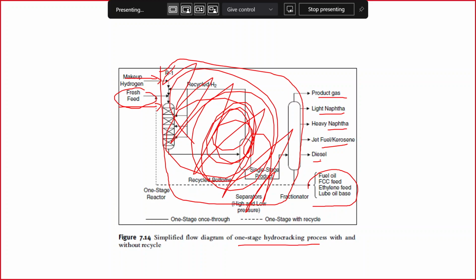So that is lumping all of these. You have fresh feed coming in with hydrogen, and you get all of these products, and you try to model this. That's what we call a lumping model. We lump all the components in the light naphtha fraction into light naphtha.